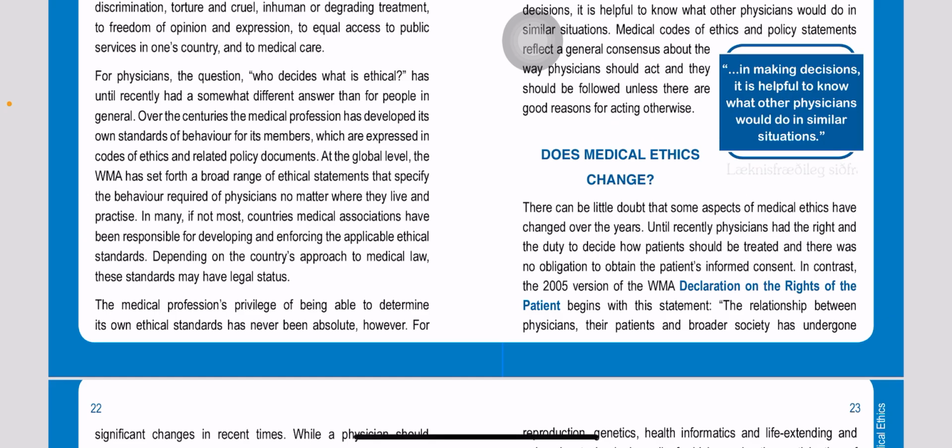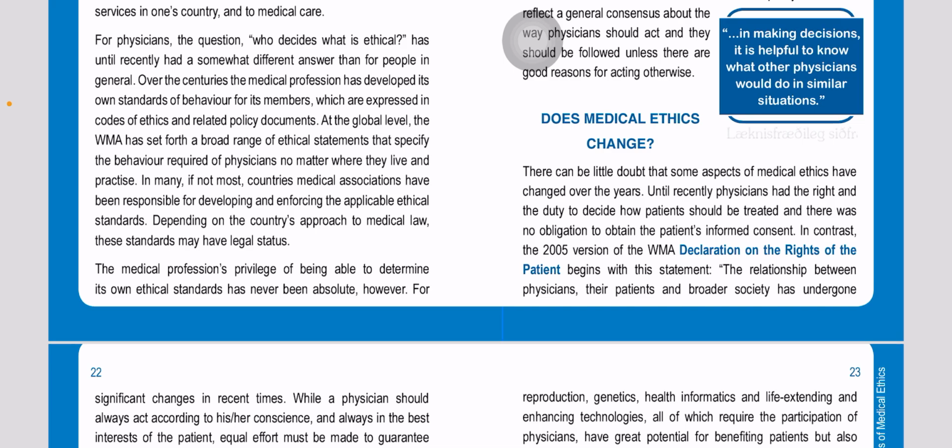Until recently, physicians had the right and the duty to decide how patients should be treated, and there was no obligation to obtain patient-informed consent. So that was before. But right now, informed consent is a doctrine which is mandatory, especially for patients undergoing invasive procedures.